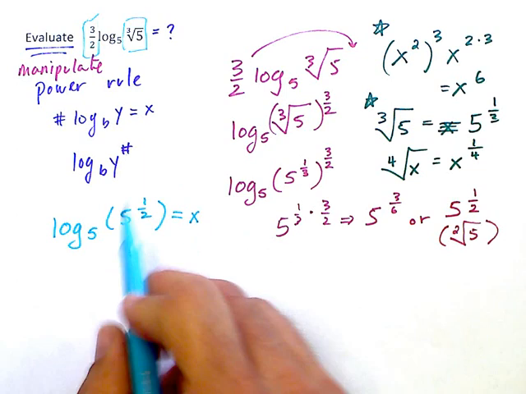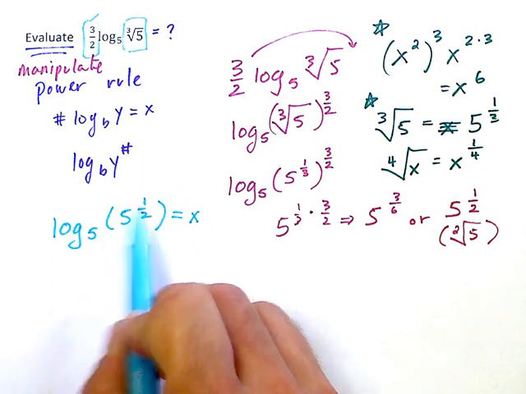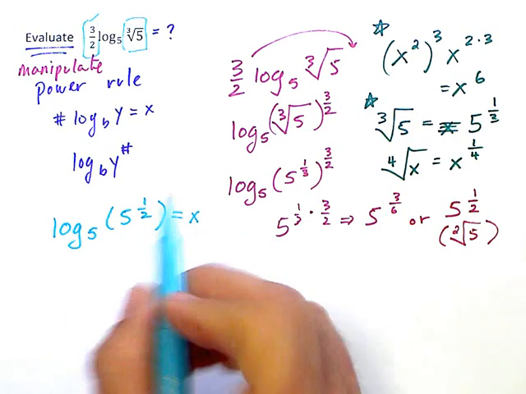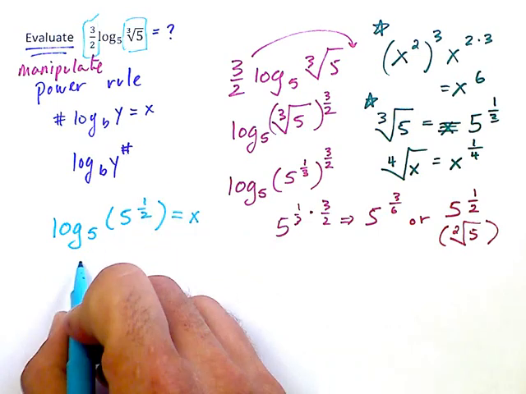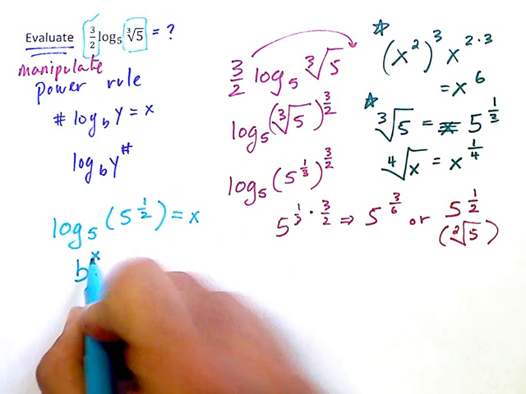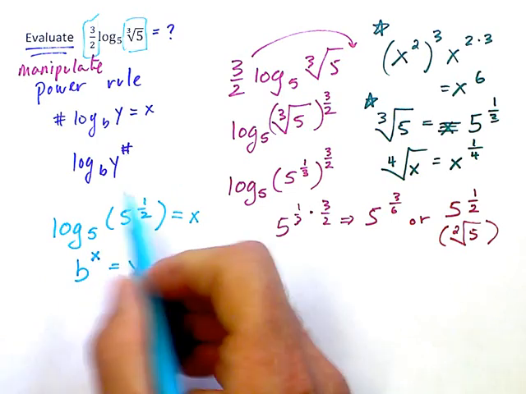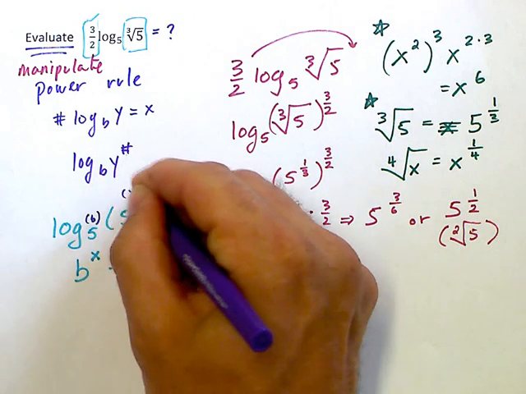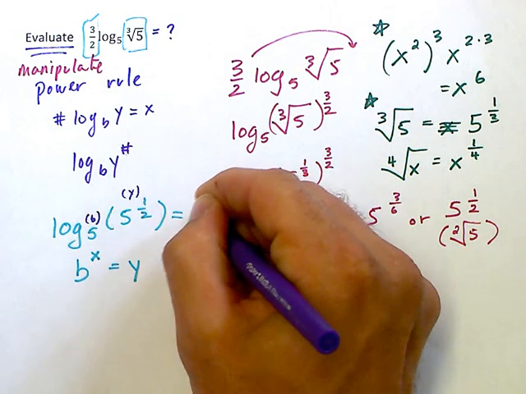The log of a base number has a result of 5 to the 1/2 when it's raised to a certain exponent. Now, exponential form is going to be that base raised to a power gives a result. Now, remember, this is your base, this is your y, and here obviously is our x.